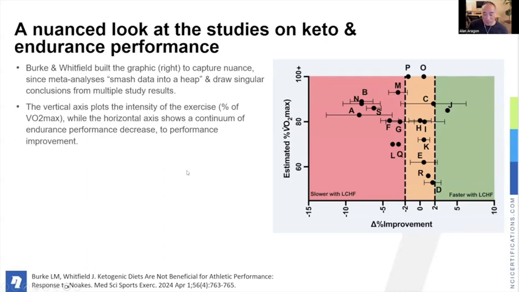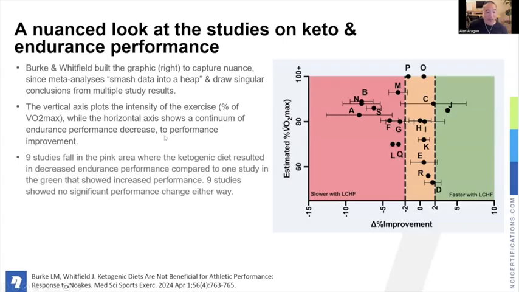And by the numbers here, 9 studies fall in the pink area where the ketogenic diet resulted in decreased endurance performance, compared to 1 study in the green area that showed increased performance. 9 studies showed no significant performance advantage of either condition.